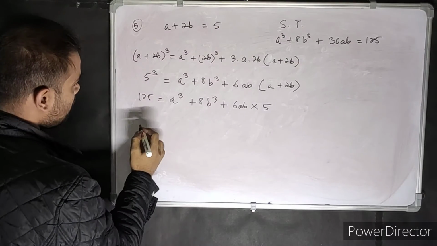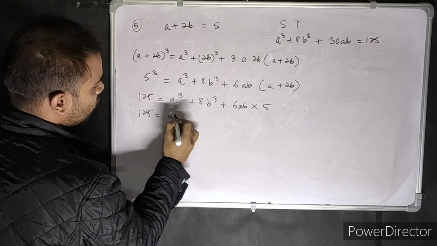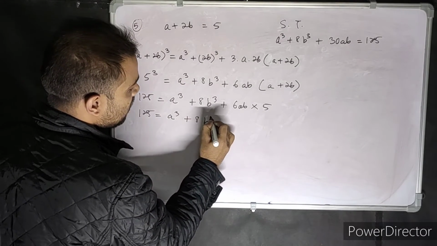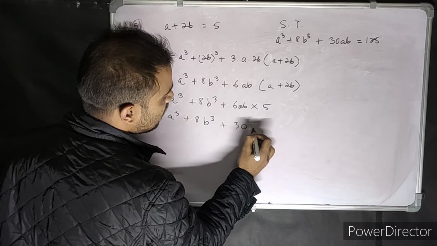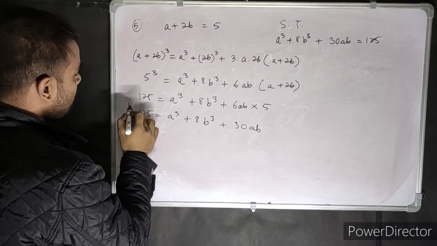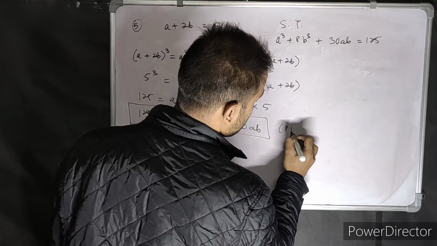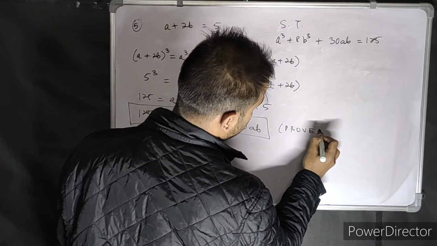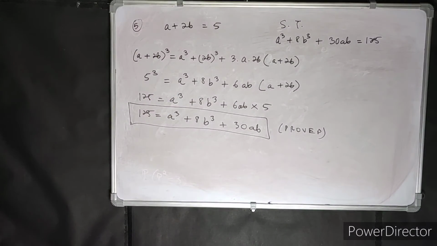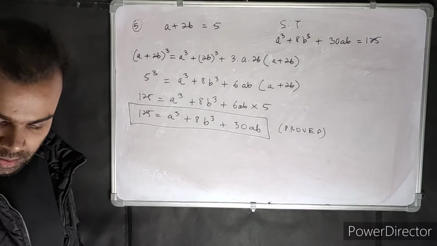See, it's the same thing. 125 is equal to a cube plus 8b cube plus 30ab. You have proved it, right? Proved, and be proud of yourself.